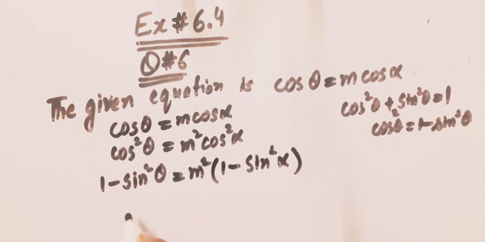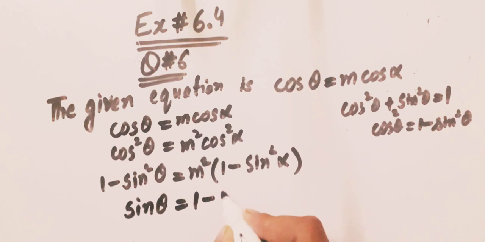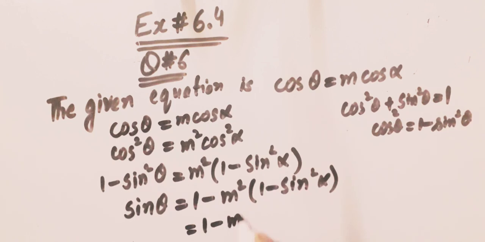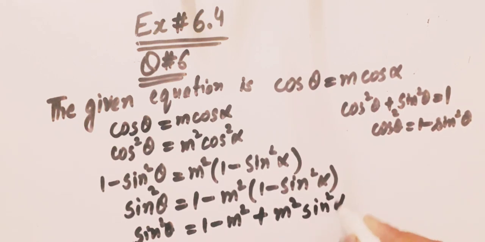Now you have to find the value of sin theta. For this purpose you will write this as sin square theta is equal to 1 minus m square into 1 minus sin square alpha. So you will get 1 minus m square plus m square sin square alpha.